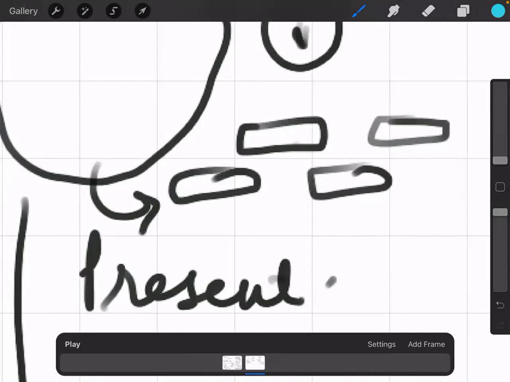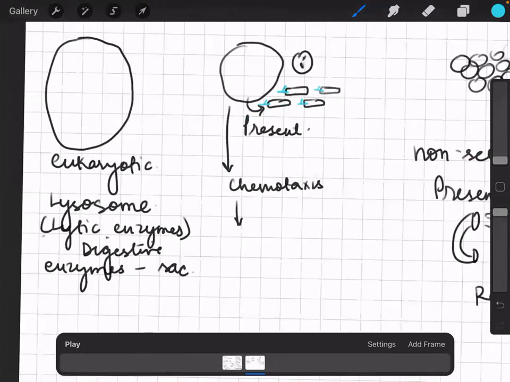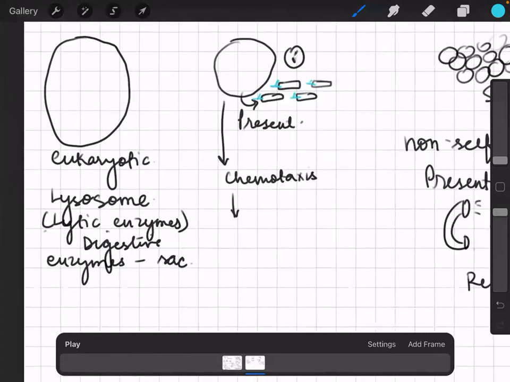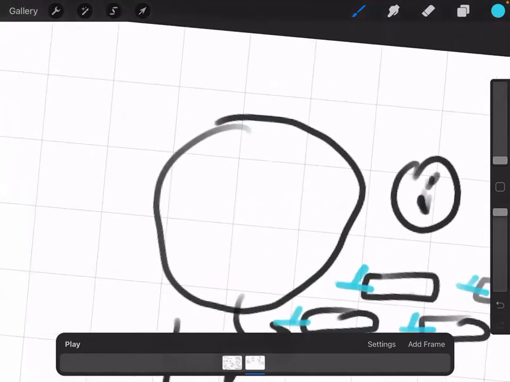And so what you do is you mark these cells in a particular manner so that your body can identify them. So you have these neutrophil cells. I'm just going to write the name over here. This is your neutrophil cell.